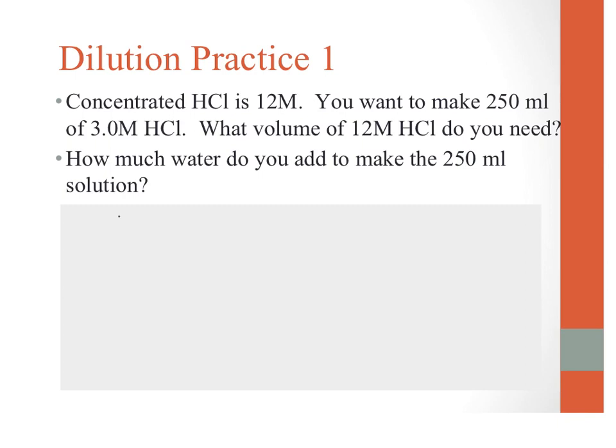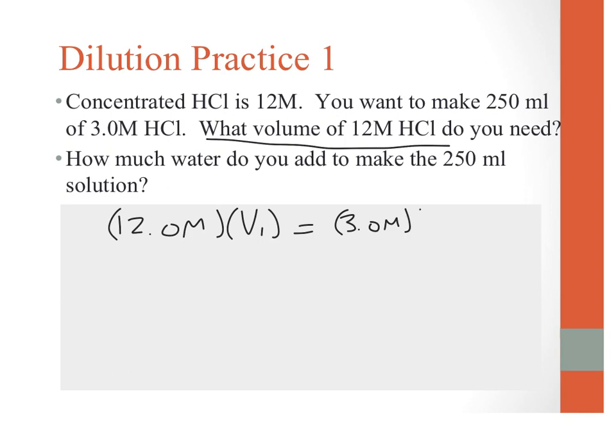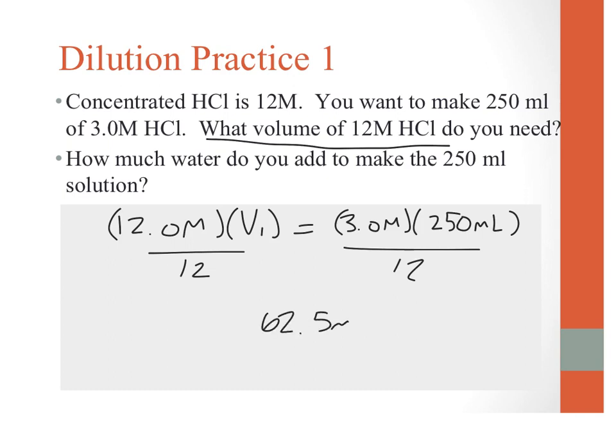Well, if M1 is 12 molar, and V1 is what we're trying to find because it says what volume of the 12, then I put those next to each other on the left side of the equal sign. Now M2, which is a dilute solution, is 3.0 molar, and I want to make 250 milliliters of that new solution. So using basic algebra, I'll divide by 12 on each side, and I'll get 62.5 milliliters, and that's my V1.